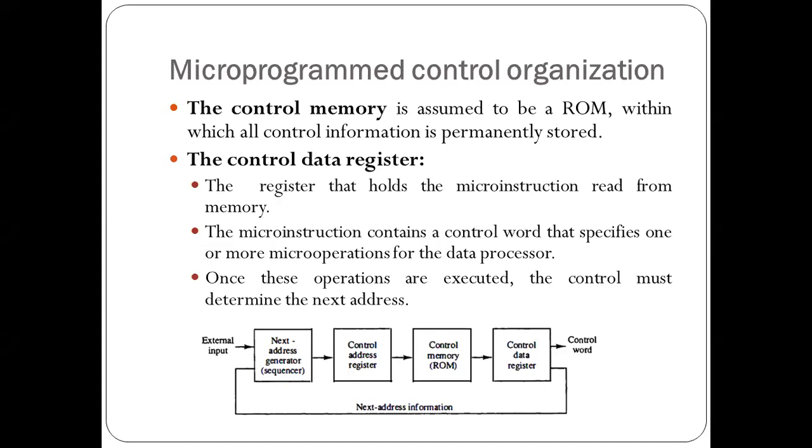It gives you the address of the microinstruction available in the control memory. That address will be held by the control address register, which maps to the control memory and produces the control word. That will be copied to the control data register, and this control word activates different variables, which finally generate the control signals.